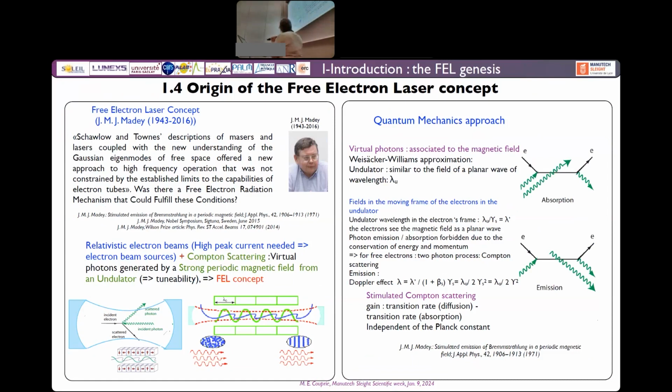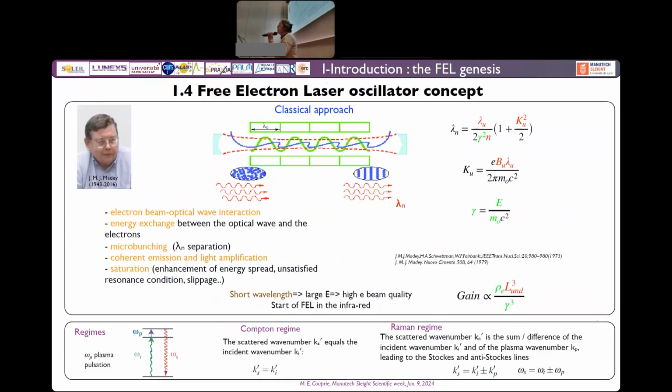So he found some gain, and he found that it's independent of the Planck constant. So maybe we don't need a quantum approach. The quantum approach is a bit complicated, so I don't put it here in detail. And then people started to look at a classical approach. So I make it first simple by hand, and then I will go into details.